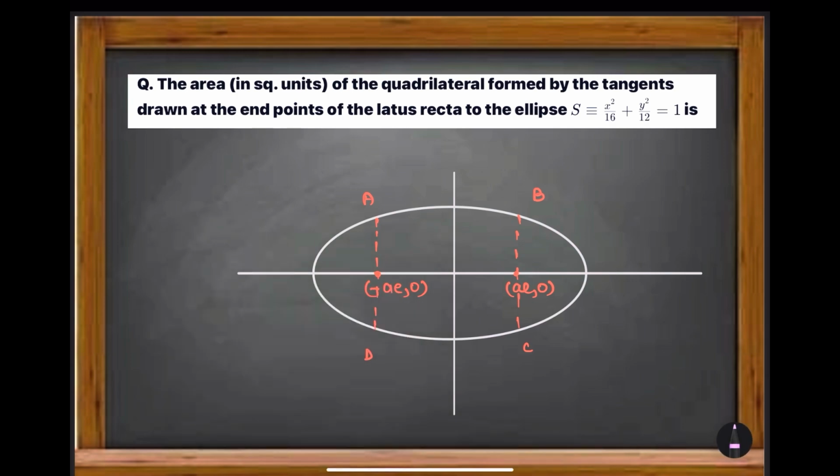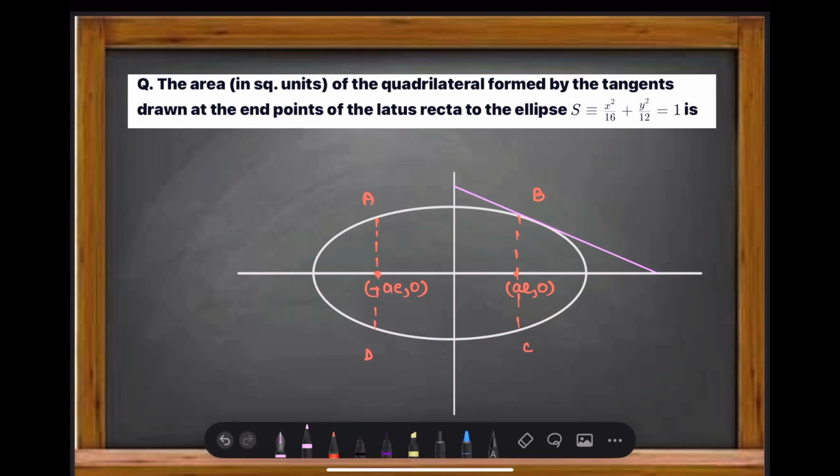Don't you think that these tangents will be symmetric? Tell me, these tangents will be symmetric. So we will have the same situation over here.